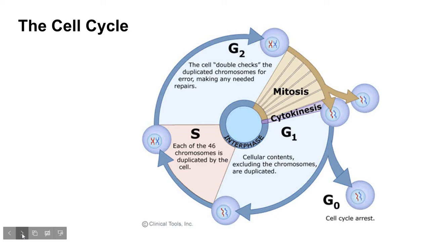In the G1 phase, most of the cellular contents, excluding the chromosomes, are duplicated. In S or synthetic phase, that's where the chromosomes are duplicated. So when we are talking about DNA replication, we are talking about the S phase of the cell cycle. In G2 phase, the cell double checks the duplicated chromosomes to make sure that there is no error. However, this checking is also going on along with the synthesis as well.